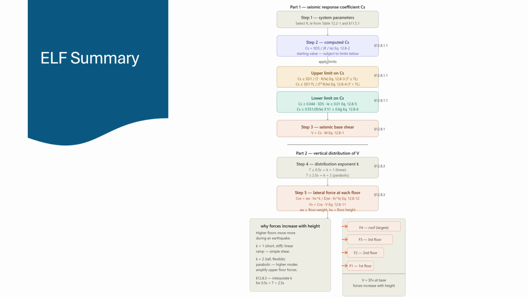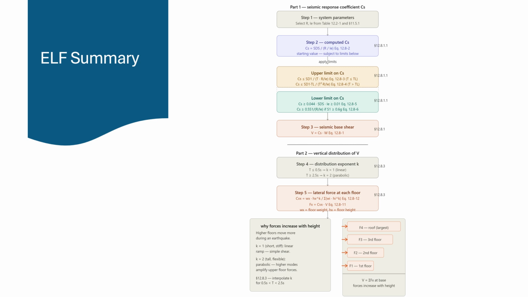So the equivalent lateral force summary here, we have our system parameters. Again, we have our R value and our importance factor, as well as the Cs. This is the seismic response coefficient. It's determined in proportion to the fundamental period of the structure and some site criteria.